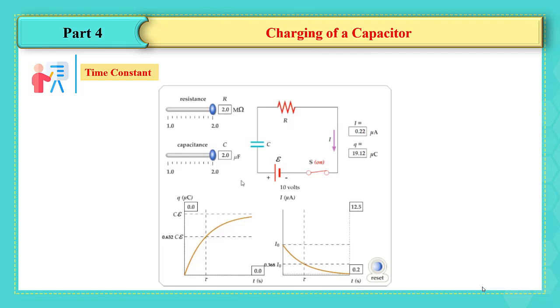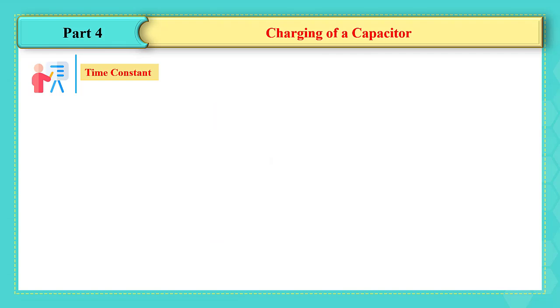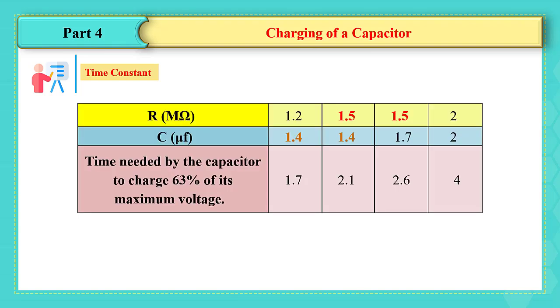Notice that as we were performing this experiment, the total time which is needed by the capacitor to be fully charged was also increasing. So the values which we have recorded in the previous experiment are shown in this table. We've concluded that as R increases and as C increases, tau, which is the time needed by the capacitor to charge 63% of its maximum voltage, also increases.